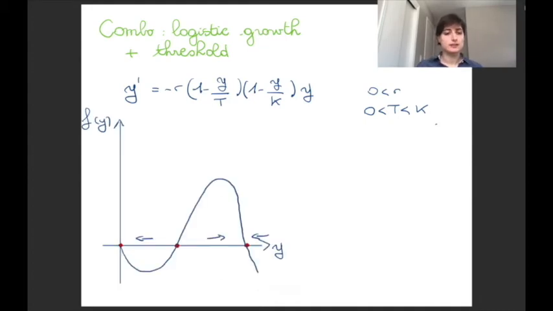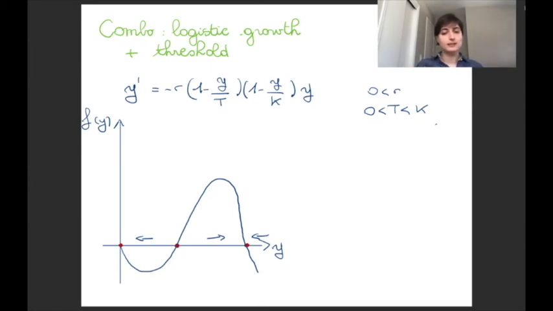So what is now the general shape of our right-hand side? f of y is something that has 3 zeros and swings first negative just after 0, then crosses at value T, then goes up and down again at value K, and for y bigger than K, f of y is negative.